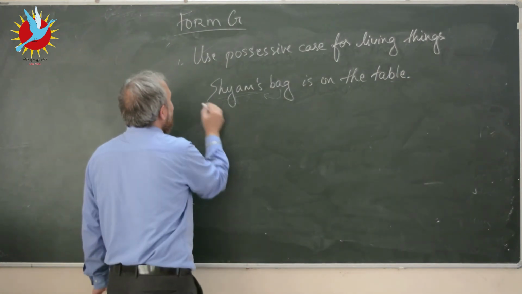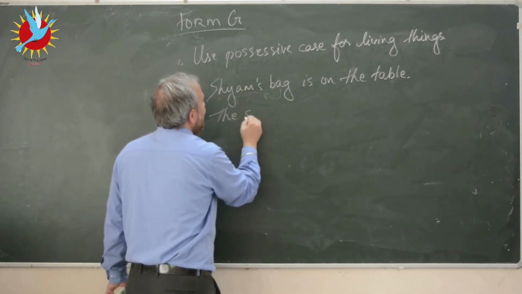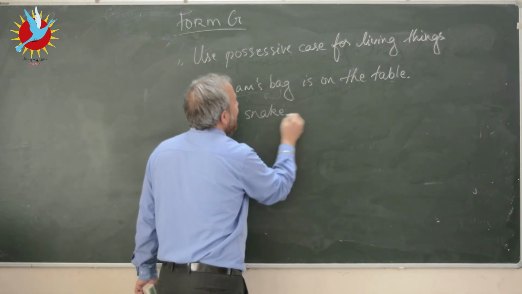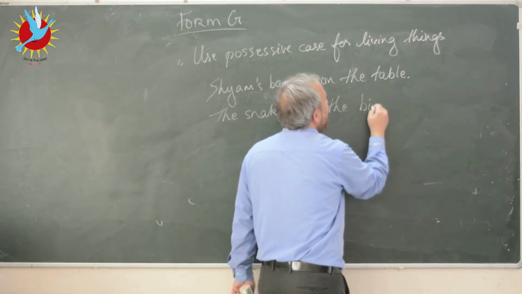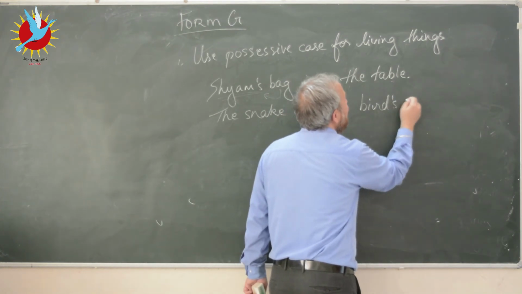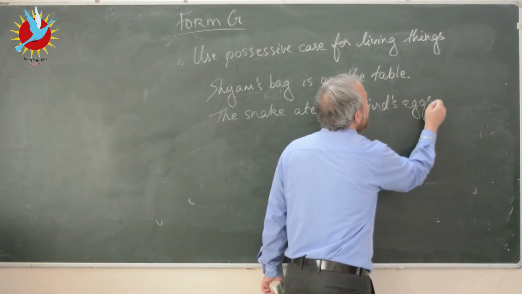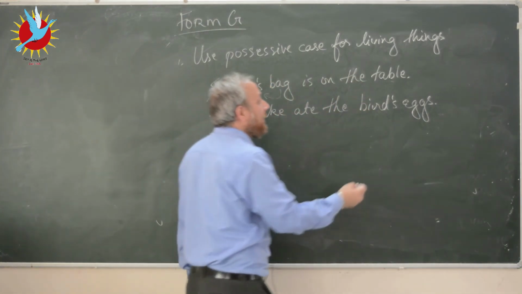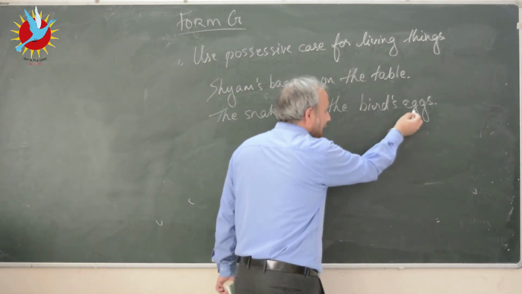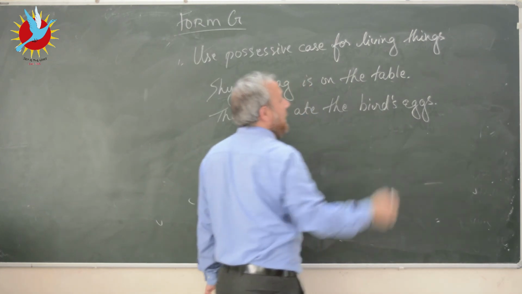Okay, or let's say the snake ate the bird's eggs which were in the nest. So what do I mean here? I mean to say that the eggs belonging to the bird.